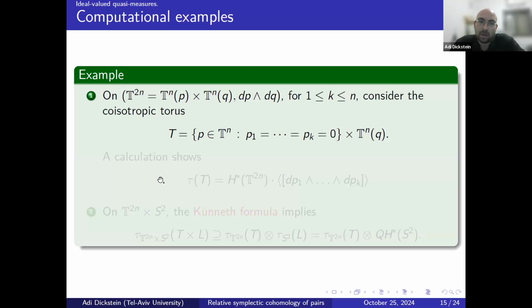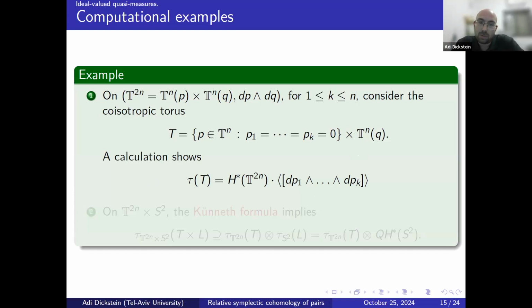By a calculation, we showed that the quantum cohomology IVQM of this T is the ideal generated by the wedge of the differentials of the first k coordinates.